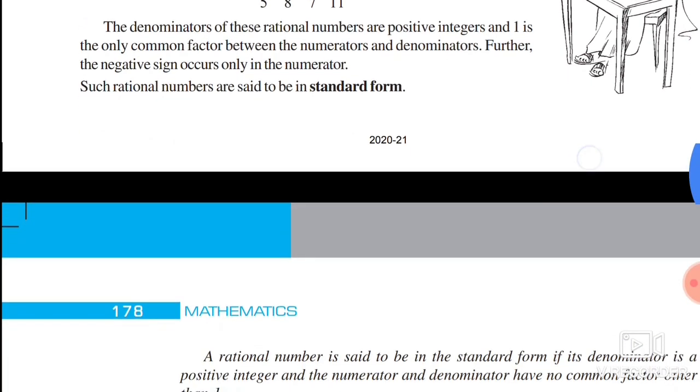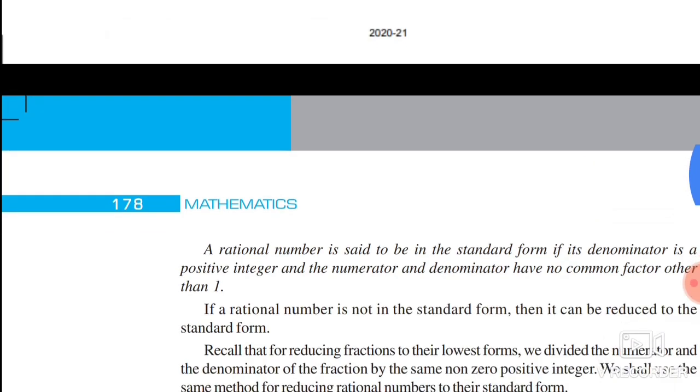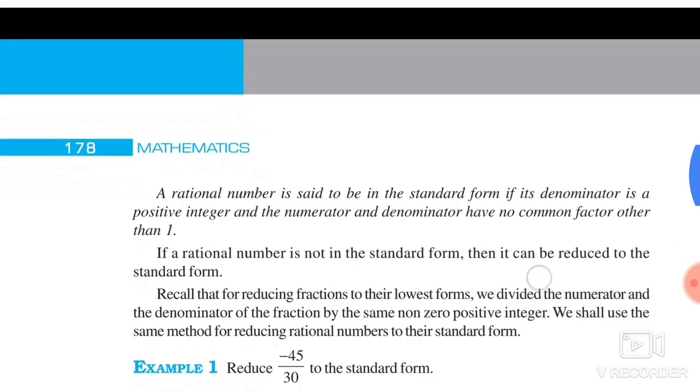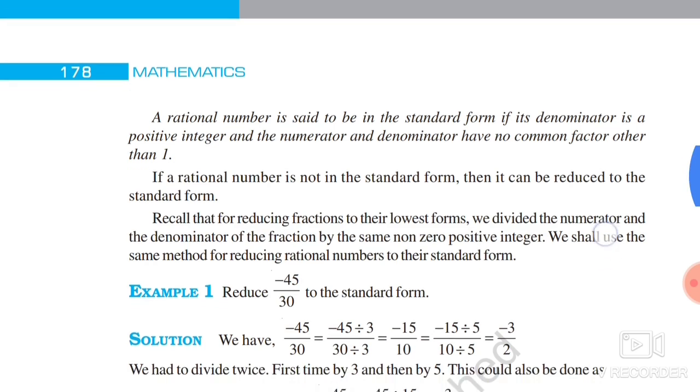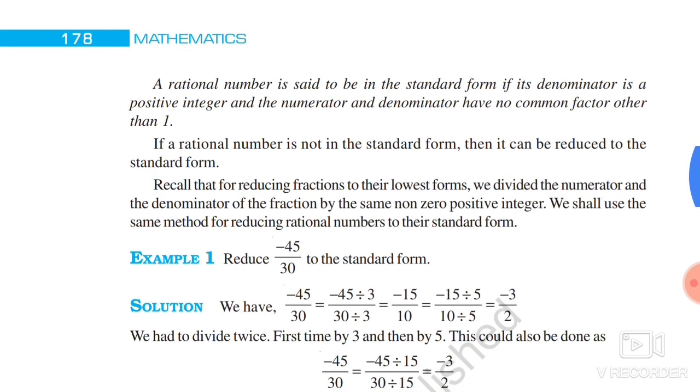Remember that the denominator should be a positive integer. And the numerator and the denominator have no common factor other than 1. What does that mean? It should be in simplified form. If there is any negative, that negative should be given to the numerator.